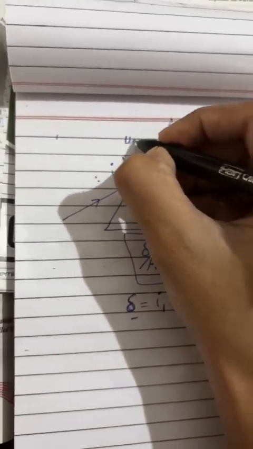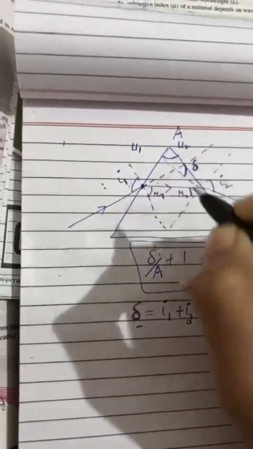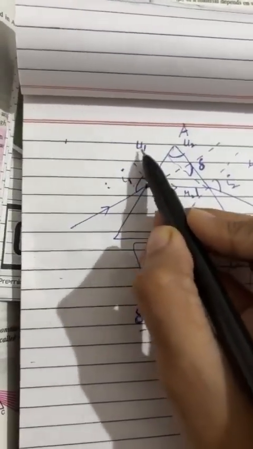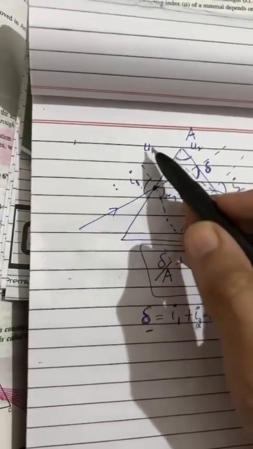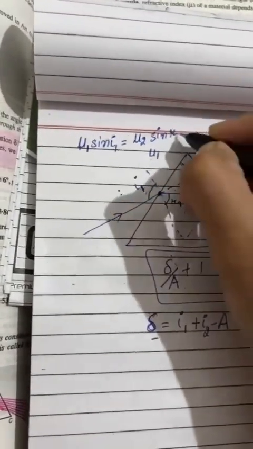Here I am considering the refractive indices mu1, here mu2, here again mu1. What is the refractive index of this first phase? That is mu1 into the angle in this phase, that is sine I1, is equal to the refractive index of this side, mu2, into the angle on this side, sine R1.